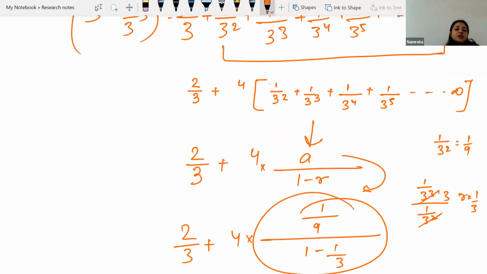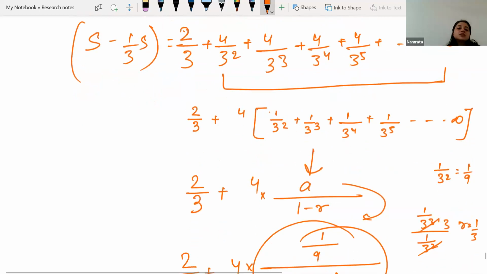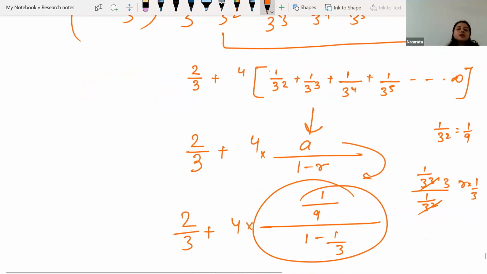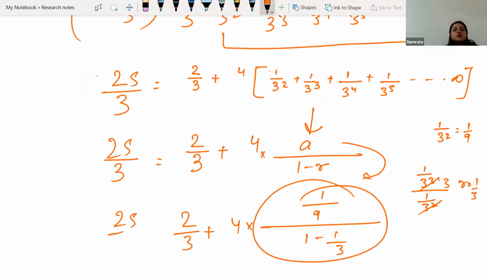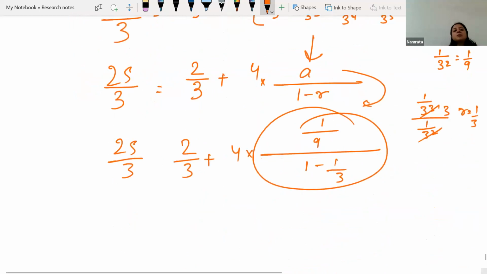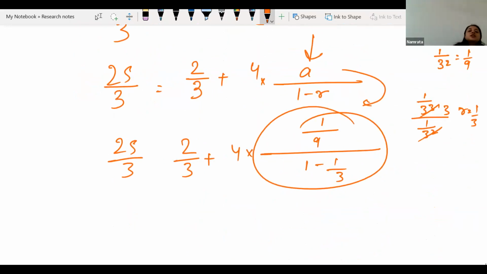Now the left hand side, s minus 1 by 3s, that too we will be doing. That will give us 3s minus s, that means 2s by 3. We just have to find s over here. You don't have to worry whether you are applying the formula completely or adding them manually.